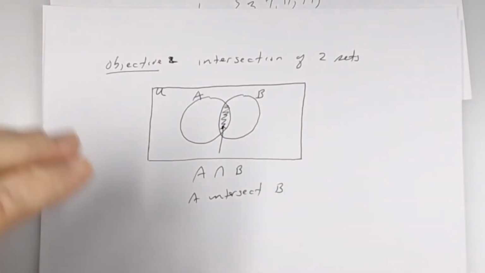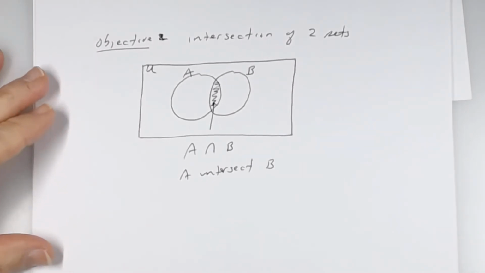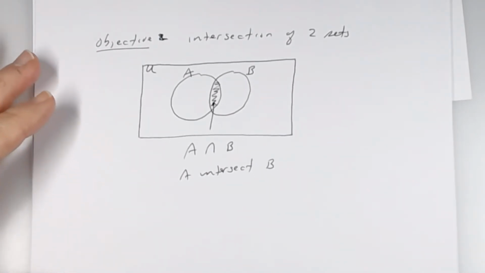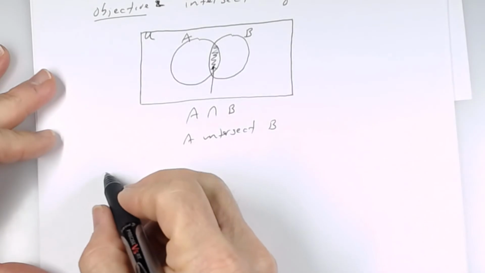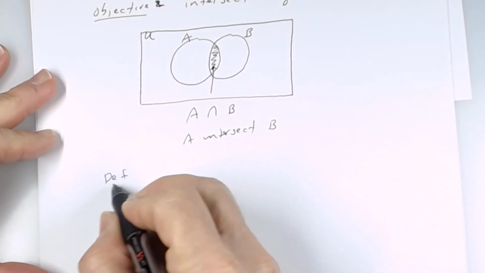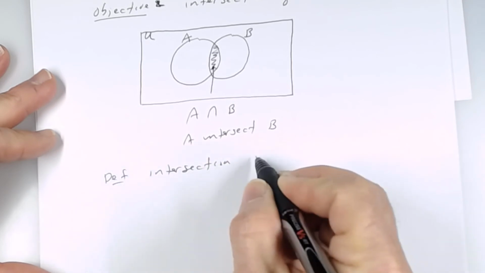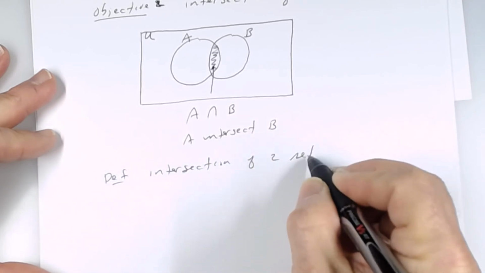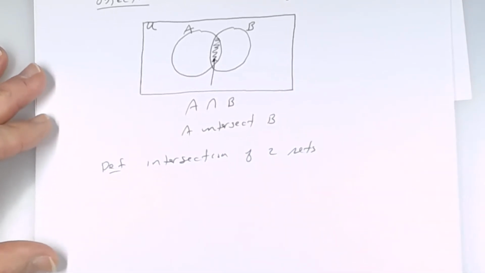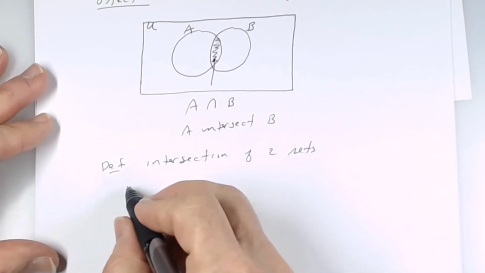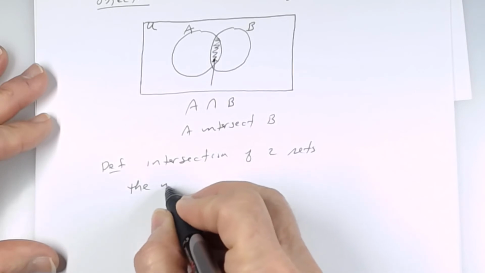So listen carefully to the definition, and we're going to use the set builder notation in it. That's important to see. Definition of intersection of two sets.